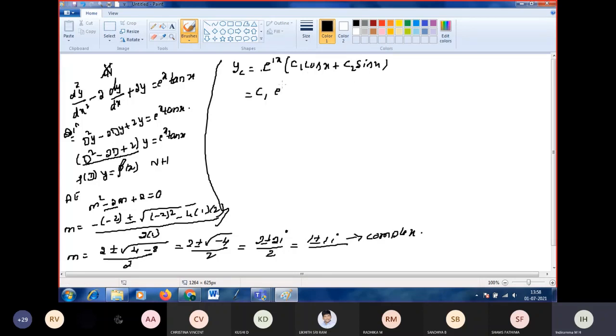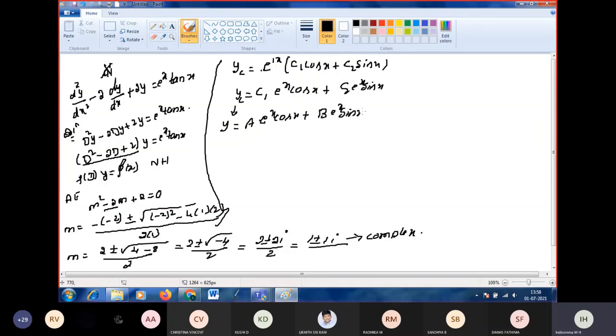So we can write this as c1 into e power x cos x plus c2 into e power x sin x. Now it is our yc. Now we can replace yc by y, changing c1 as a constant a: a into e power x cos x plus b into e power x sin x.